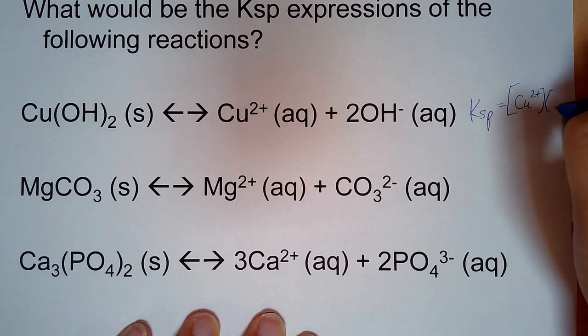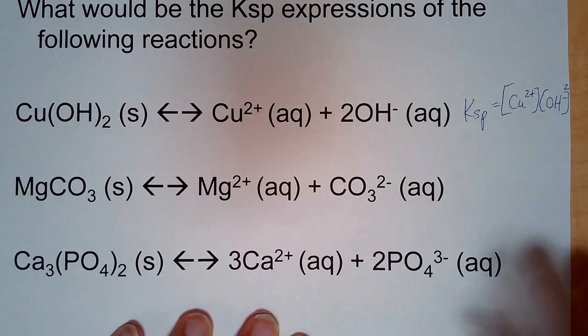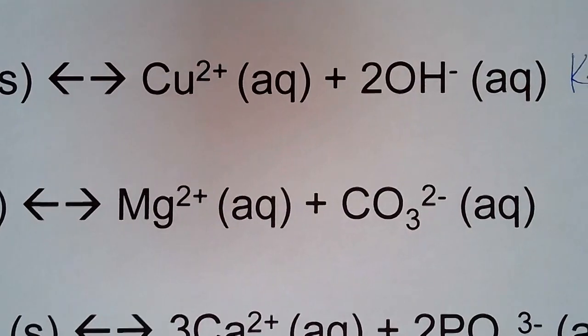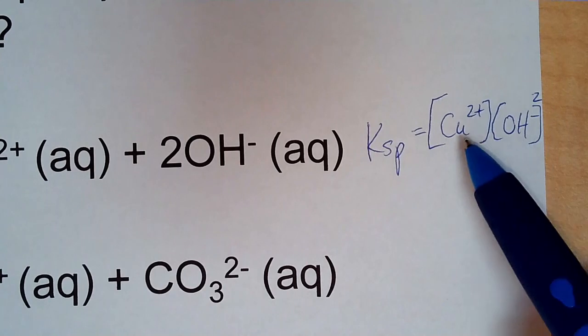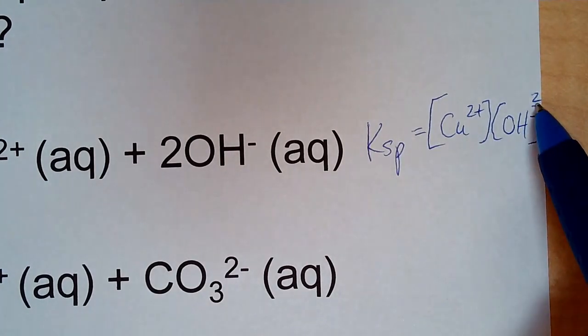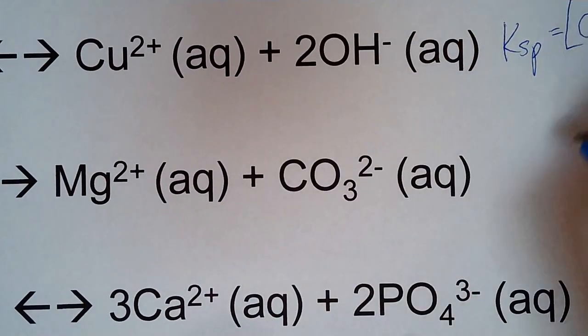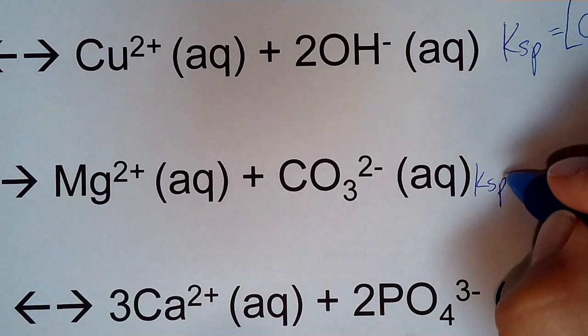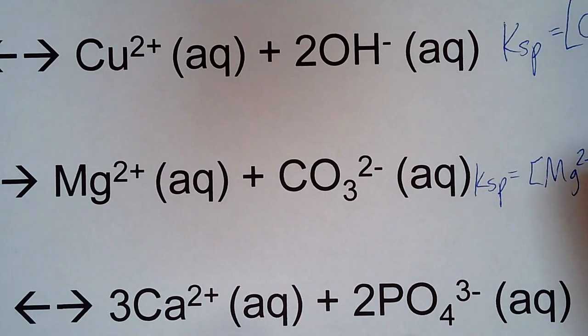If I only have copper ions and hydroxide ions, I have Cu2+ times OH- squared. For magnesium carbonate, I just have magnesium times the carbonate ion, both of them to the first power because their coefficients are 1.